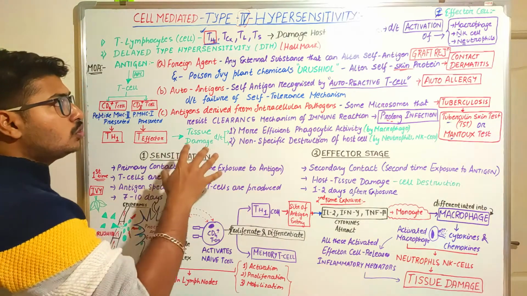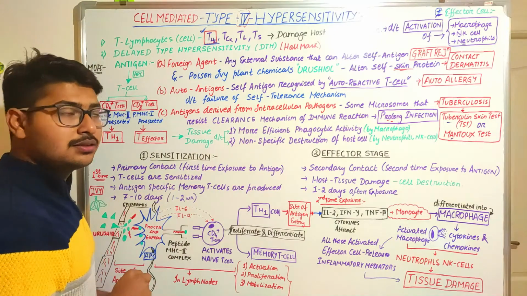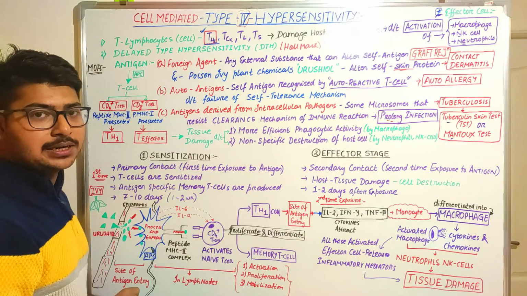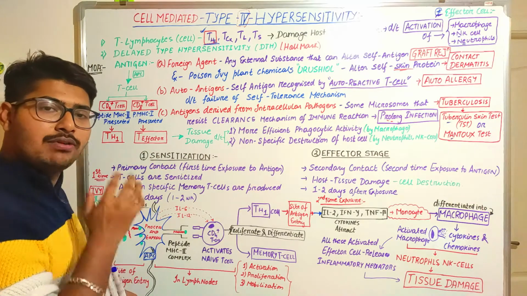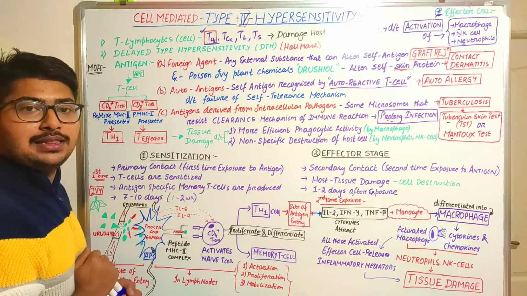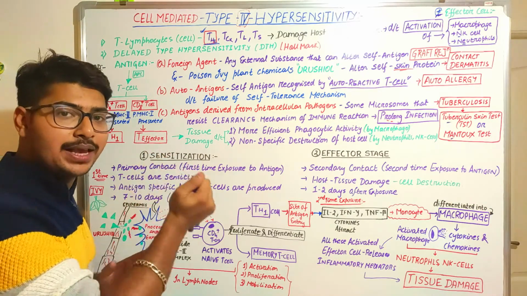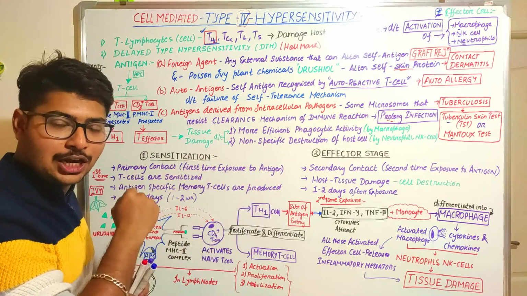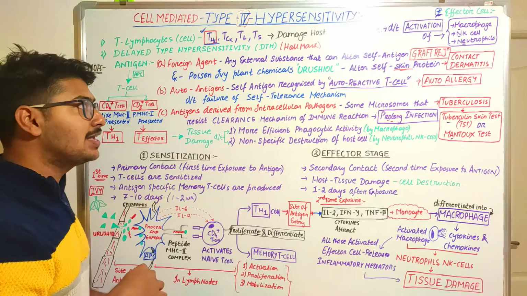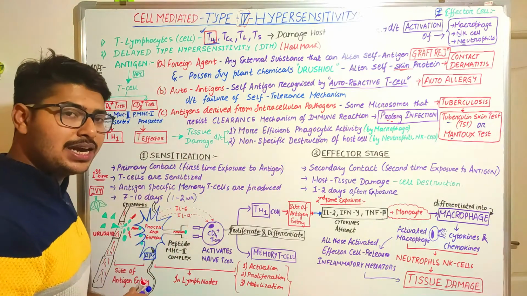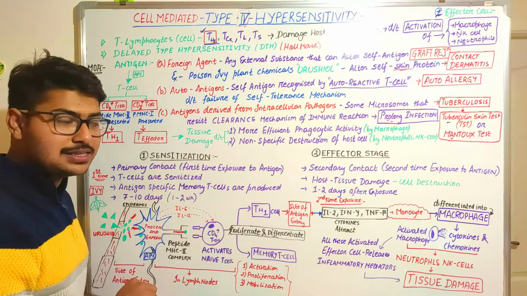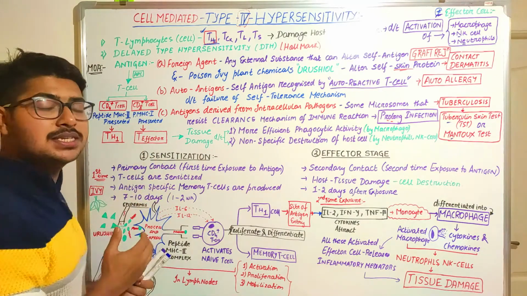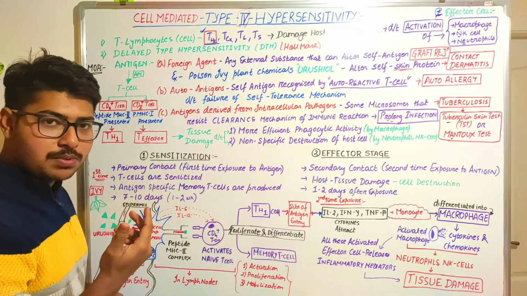Okay, so these are the antigens that are going to trigger these kinds of hypersensitivity reaction. Next, when these antigens are present, they should have certain mechanisms for being presented to the T cells. Yes, the antigen will be presented by the antigen presenting cells, like the cells that are present under the skin or the mucous membranes.